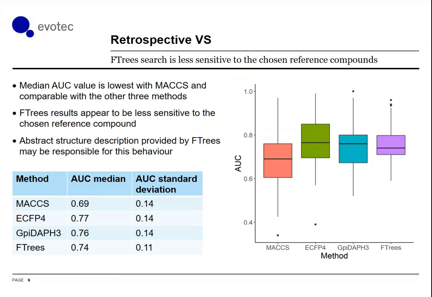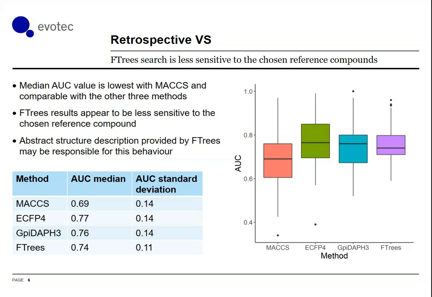In this slide, we can see a brief summary of the results that I have obtained by applying these methods. In the box plots, you can see the distribution of the area under the curve values I have obtained with each of the 4 methods, the 3 fingerprints and FTrees.